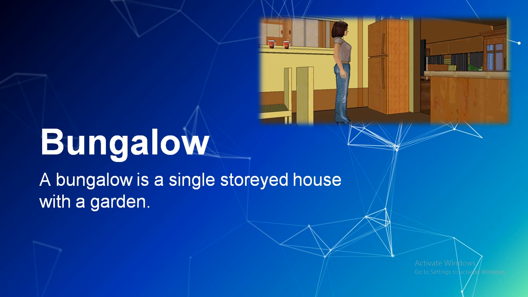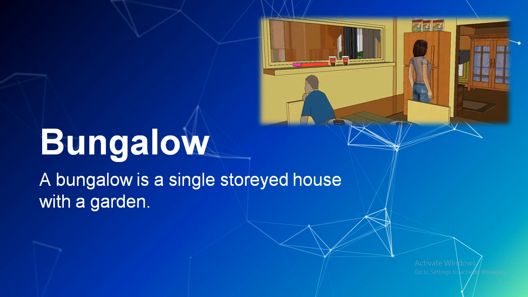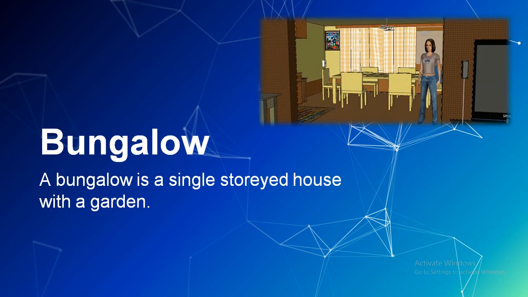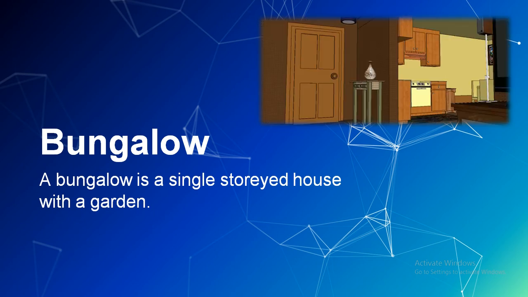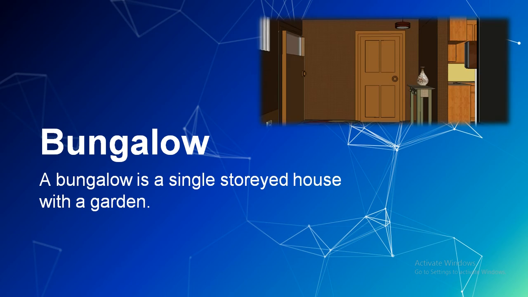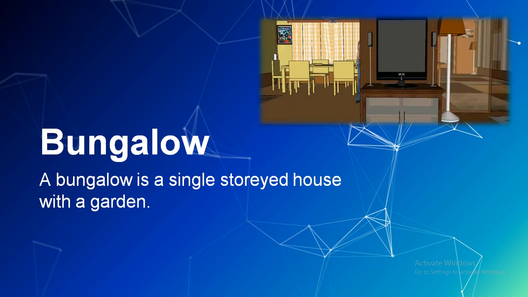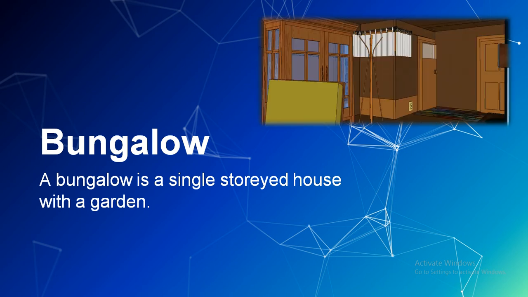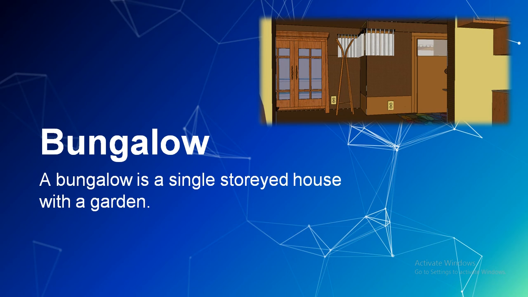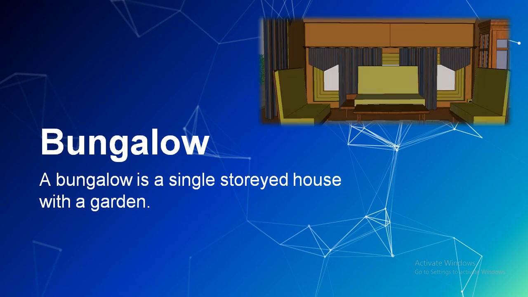And around that house there will be a garden, an empty area where they can plant some trees or even some vegetables, or plant more fruit trees. Okay, so that type of place is called the bungalow. Okay students, so always remember that bungalow means the garden along with the house.